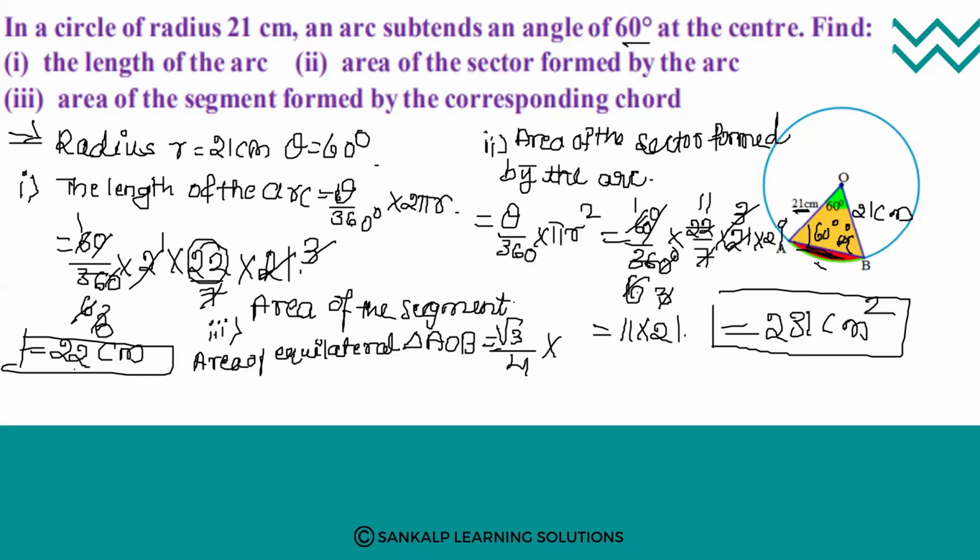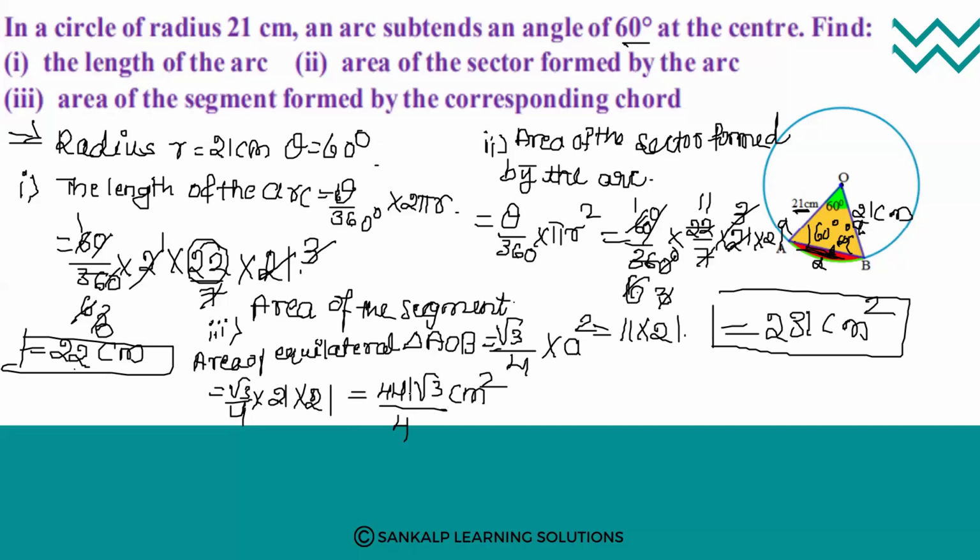Sides here. So this is A, this is A, this is A. This is the formula to find out the area of an equilateral triangle. So √3 divided by 4 into A square, which is 21 into 21, is 441 √3 divided by 4 centimeter square. Okay, this is the area of the equilateral triangle.